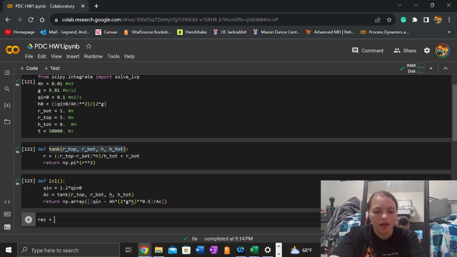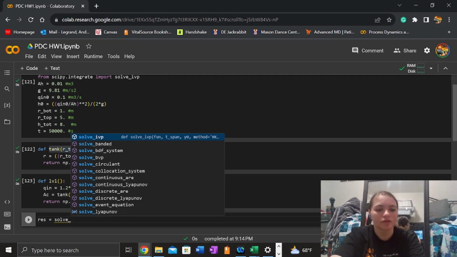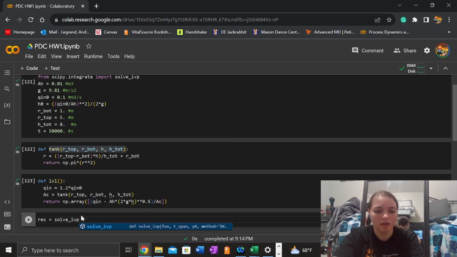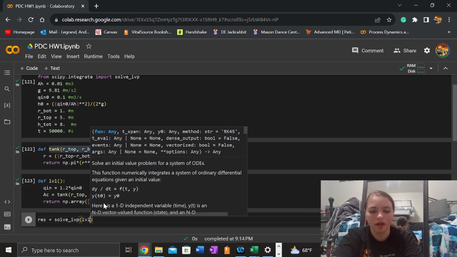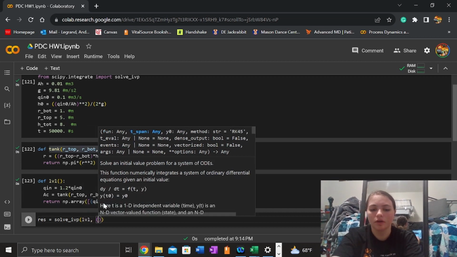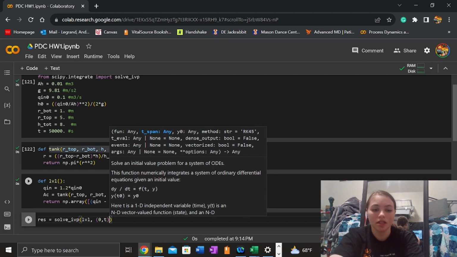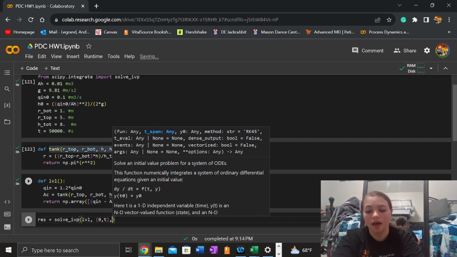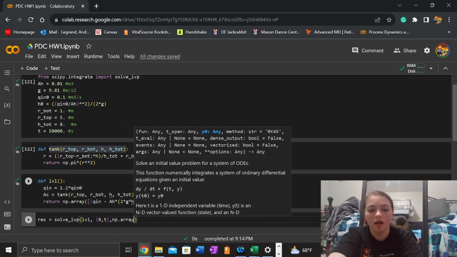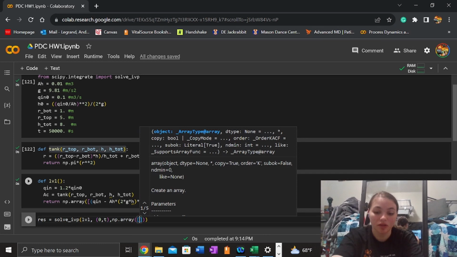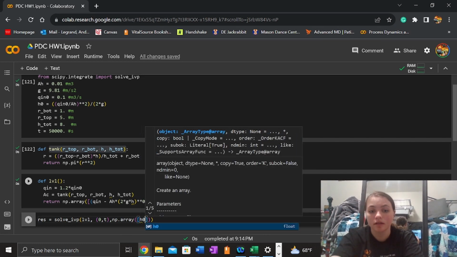So we're going to have res, we go solve underscore IVP, and then we have our parentheses, so we're going to do LVL. We're going to go 0 to t, and then we have our np.array, and we have to put in, make sure it's in brackets, 0.